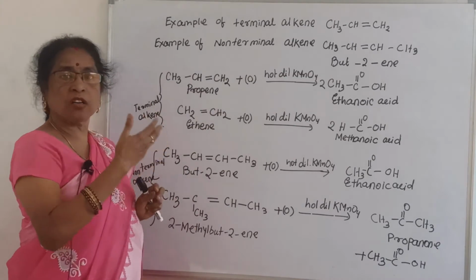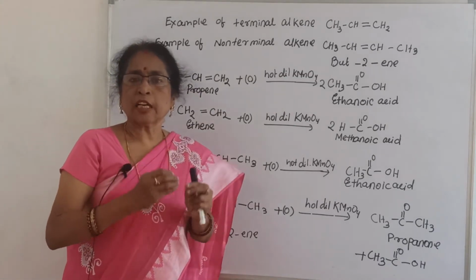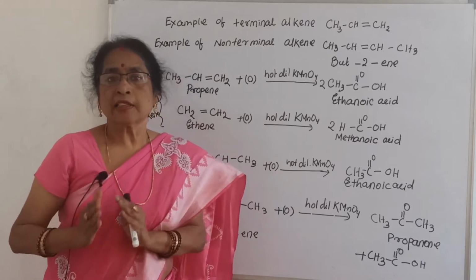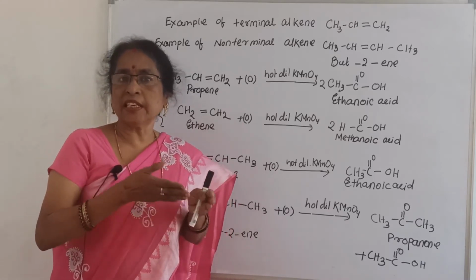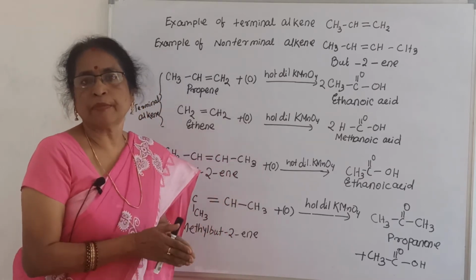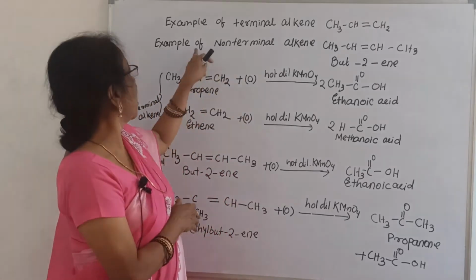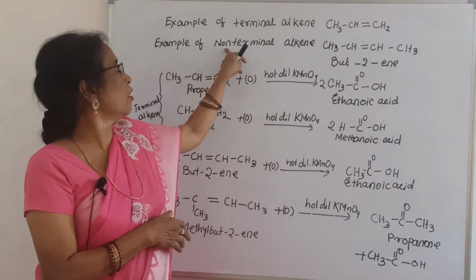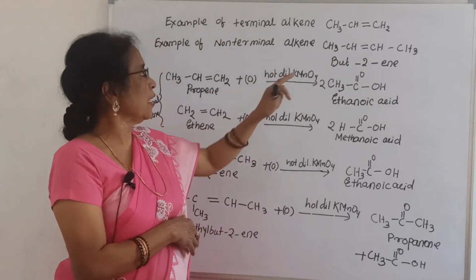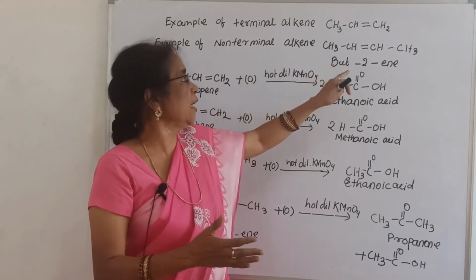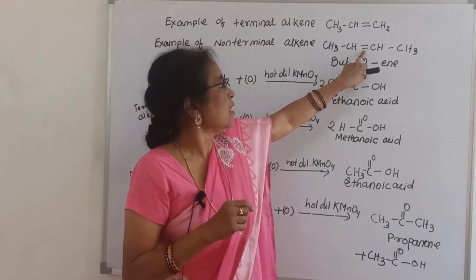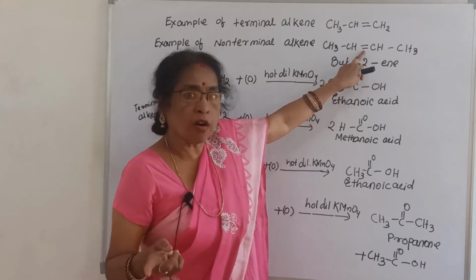Then what is a non-terminal alkene? That means the double bond should not be present at the side. It may be present in the middle or far away from the side. An example of a non-terminal alkene is butene. Here, CH3CH=CHCH3. See, the double bond is in the middle, but not at the end.